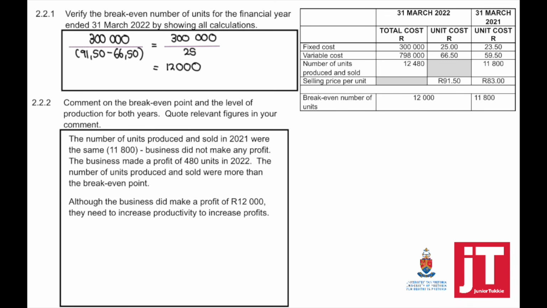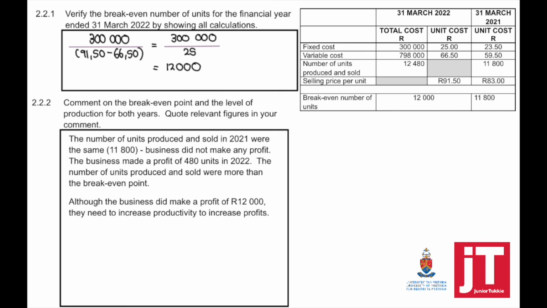If we compare that to 2022, the number of units produced and sold was 12,480, which was 480 units more than the break-even point. This means from last year to this year, we went from making no profit to this year at least making a profit of 480 units.